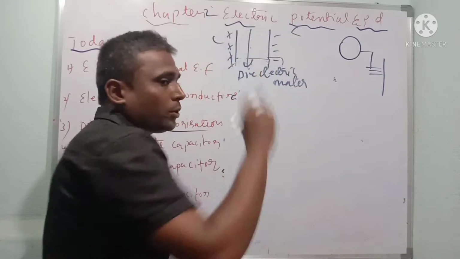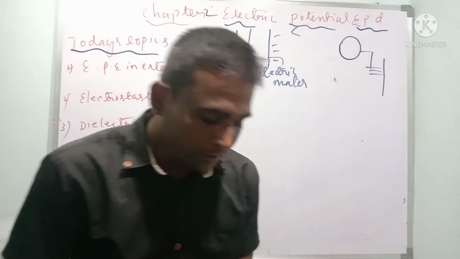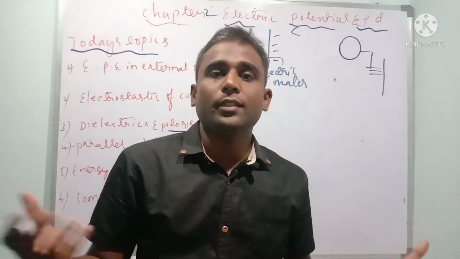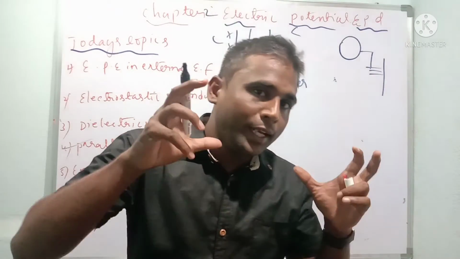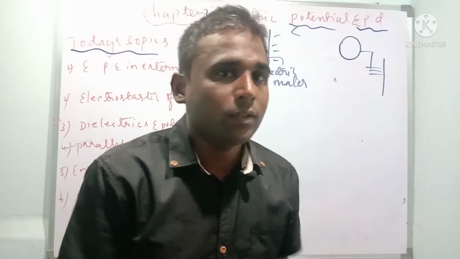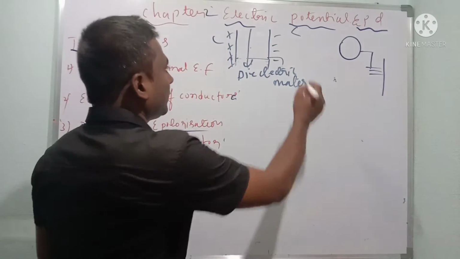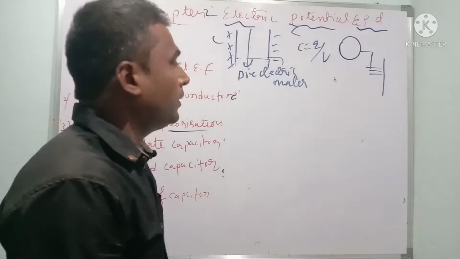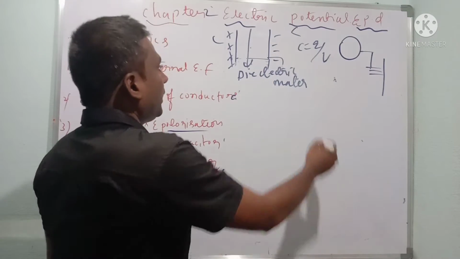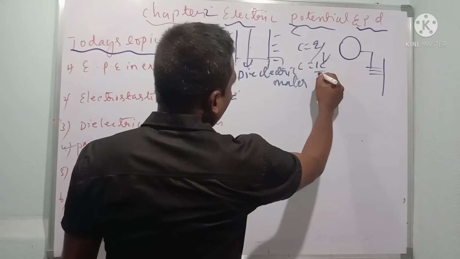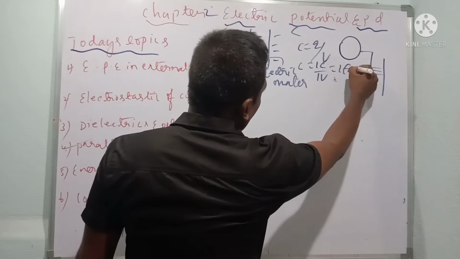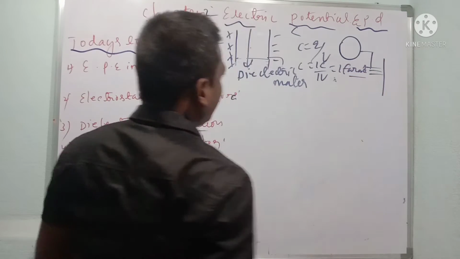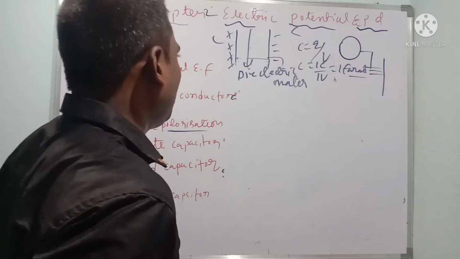Then we can store electrical charges, and when we store electrical charges we can easily store electrical energy. A capacitor is charge per unit potential difference. If I supply 1 coulomb of charge through 1 volt, that becomes 1 farad. Just remember this.